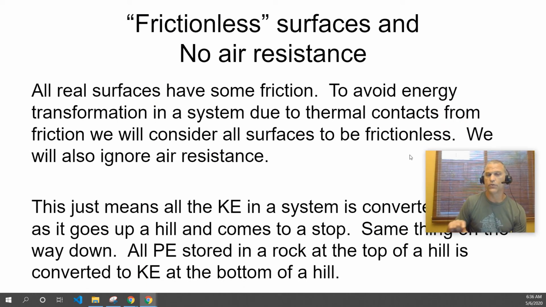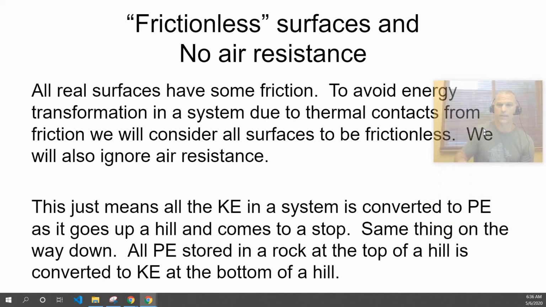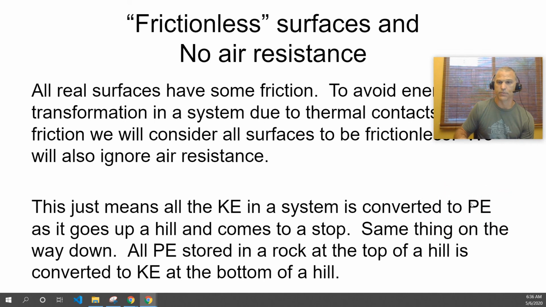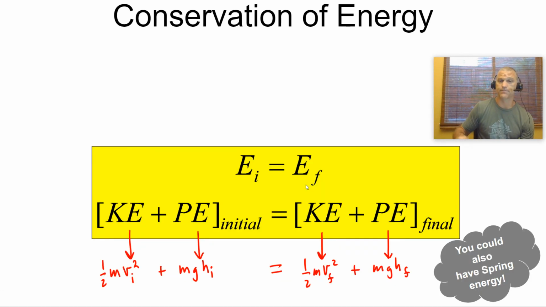Those are two things that do exist in real life, but we're not going to include them in our calculations. So we're going to assume that as an object rolls down, all the potential energy is converted to kinetic. There isn't any that's being transferred to thermal energy in our examples.